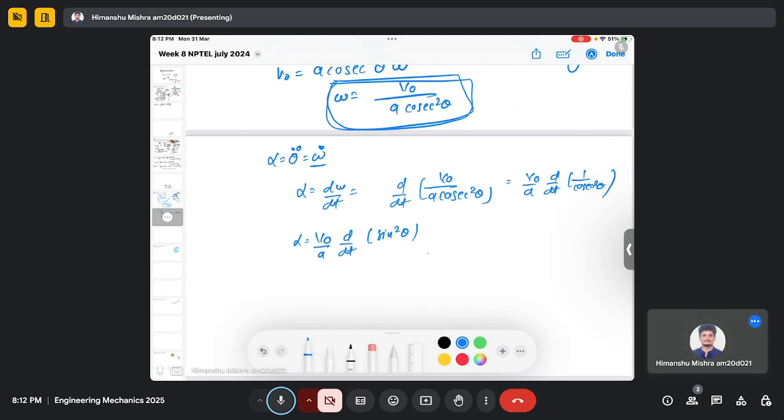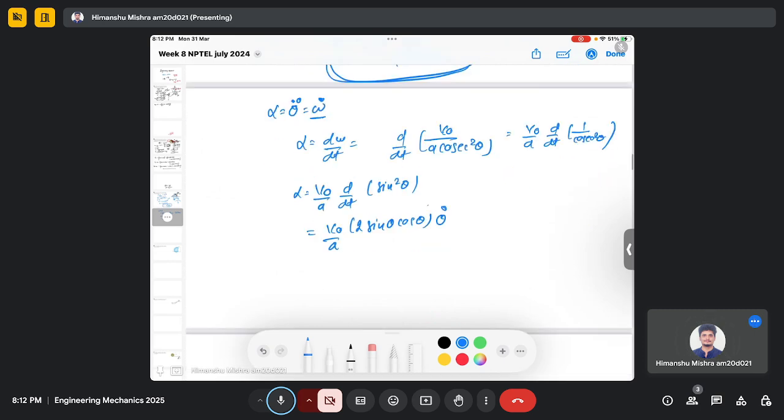If I do the time derivative of this, it will be v naught by a times 2 sine theta cos theta times theta dot.